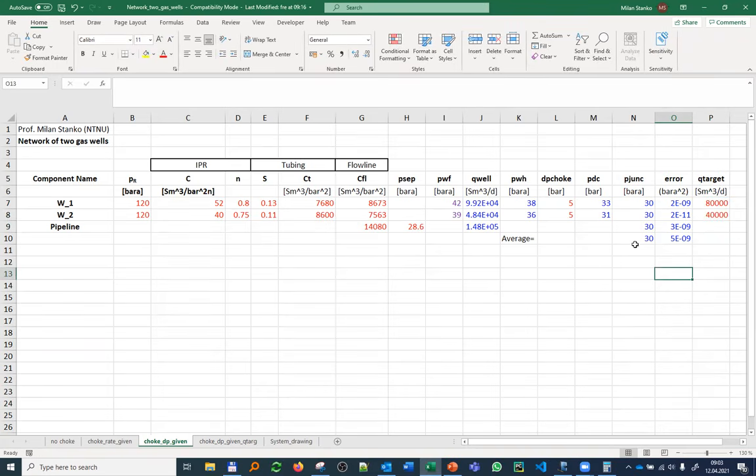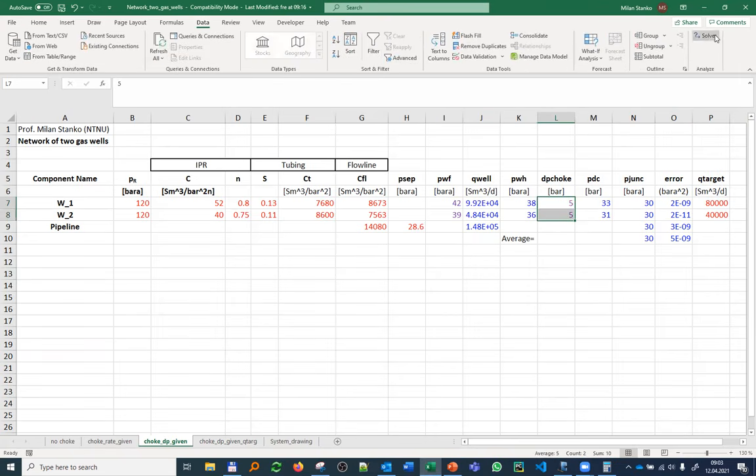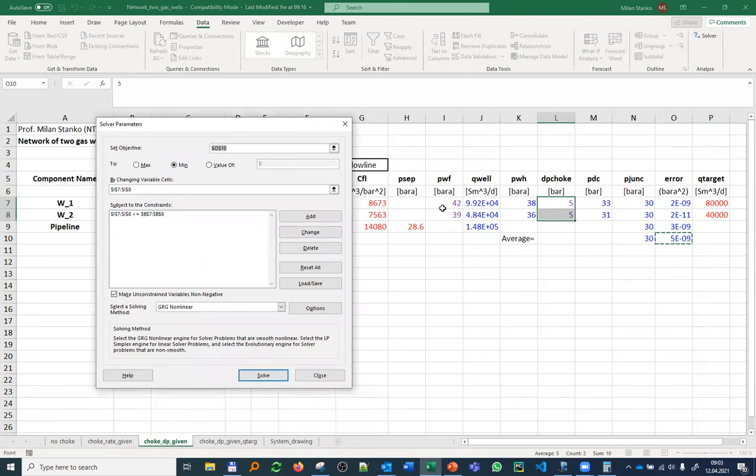But now I'm not only changing these two, I also have to change the delta P of the choke, because these are the numbers I have to find. So this one won't be read anymore. It's not user input, but it's going to be modified by the solver. So I come here and modify my solver, and I say: minimize that error by changing not only these two, but these two, so these four numbers.